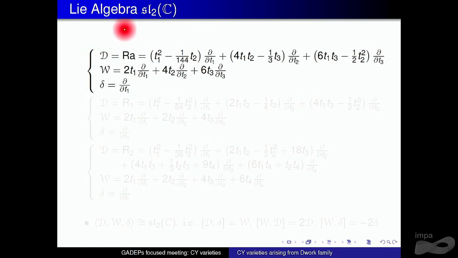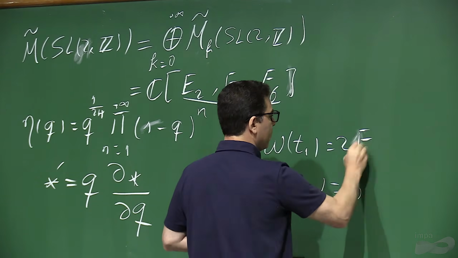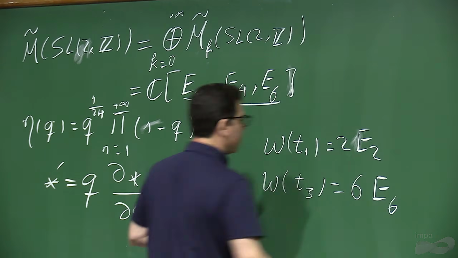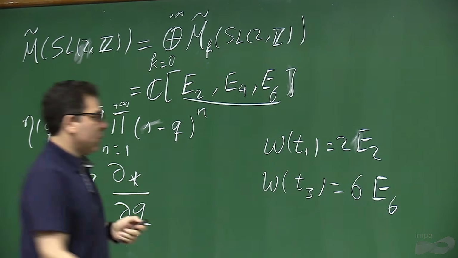And then delta is a constant operator or constant derivation, just deriving with respect to T1. It's actually 2 times T1, right? And 6 times T3. Yeah, exactly.